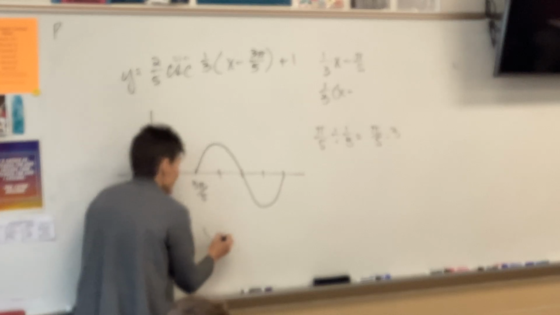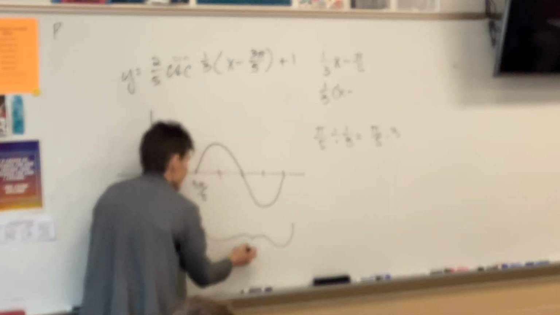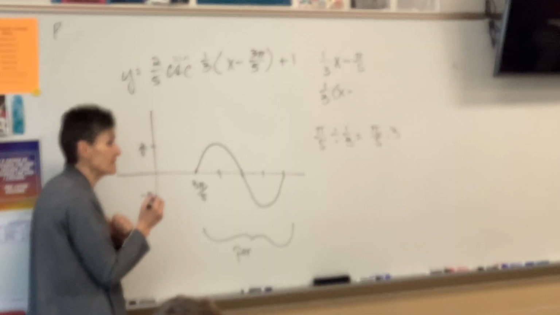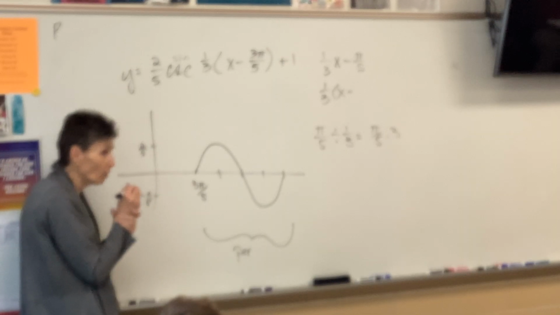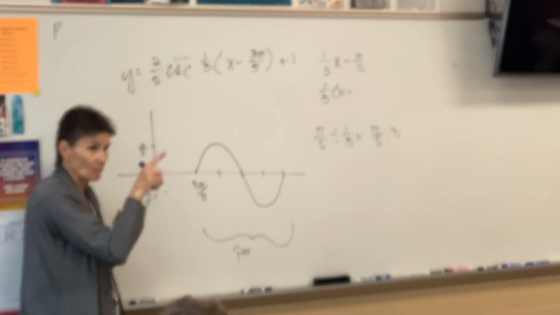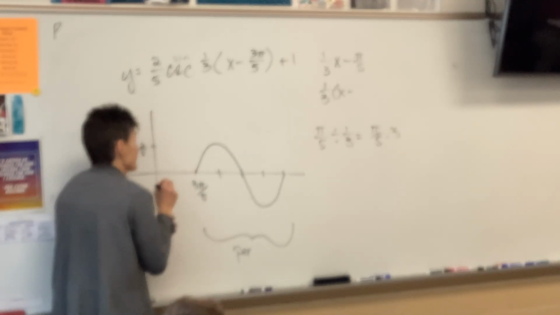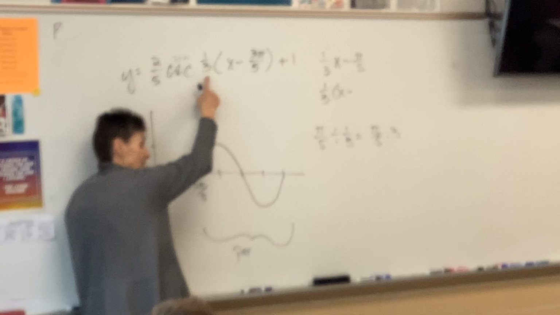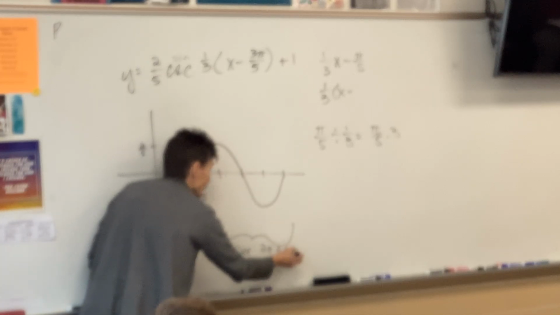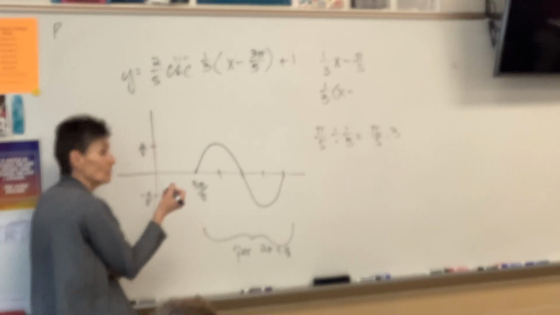I know that from here to here is called a period, right? And for a sine, the normal period is 2 pi, once around the circle. But because of that, my period now is 2 pi divided by 1/3, which is 6 pi.